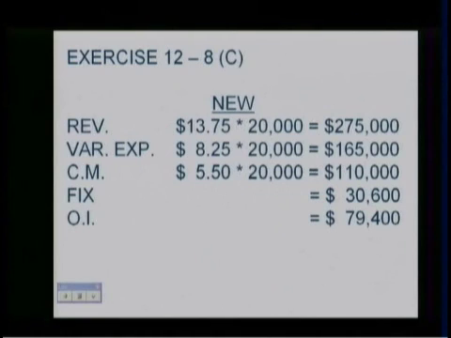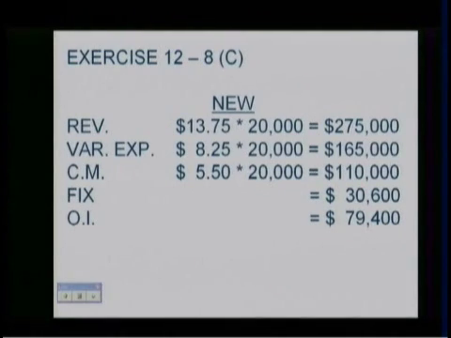In Part C, it says, if 20,000 units of the new product could be sold at $13.75 a unit, and the company's other business didn't change, calculate their total operating income and average contribution margin ratio. Okay, under the new product, they're going to sell 20,000 units at $13.75 each.